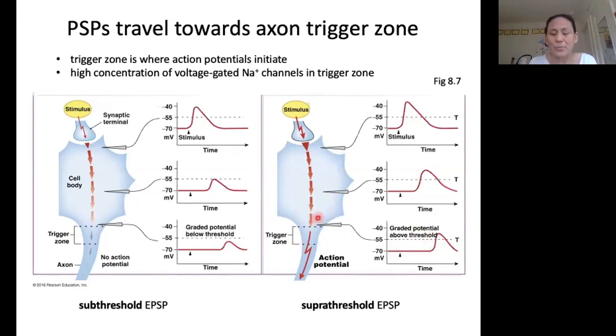And in this case, we get an action potential, okay? This kind of EPSP, one that is big enough to trigger an action potential, we call a supra-threshold EPSP, okay? So sub means under, supra means above, under threshold, above threshold, all right?